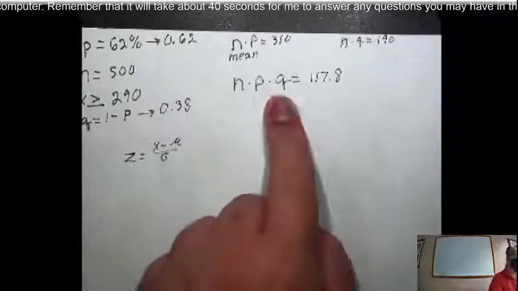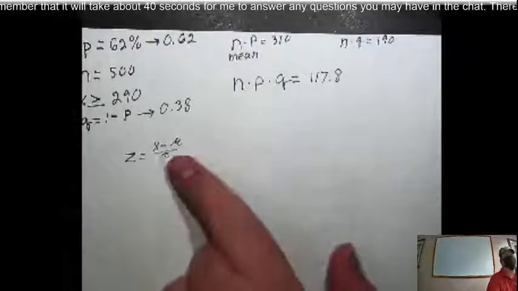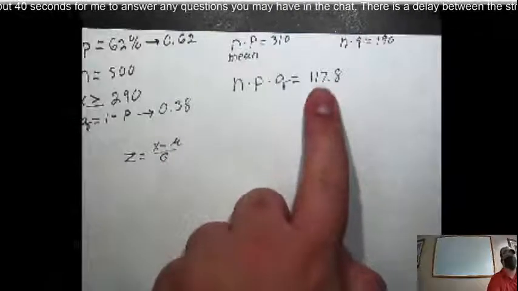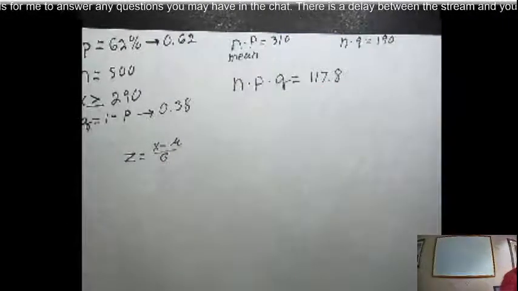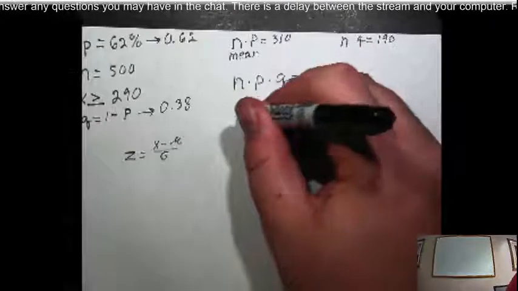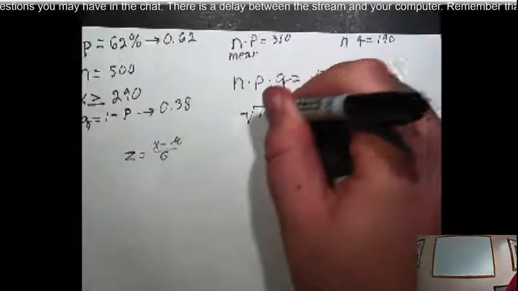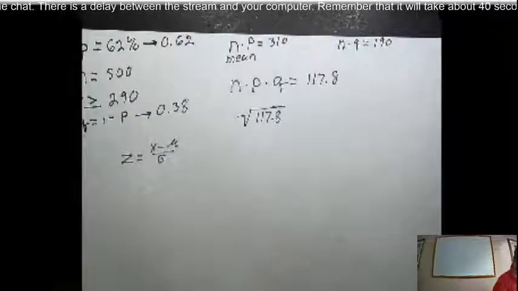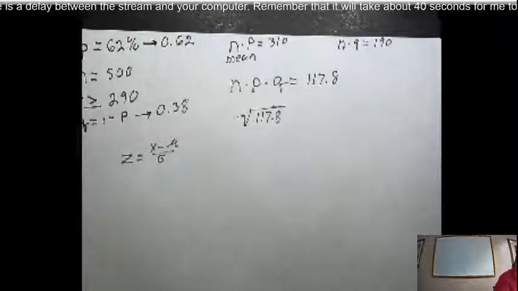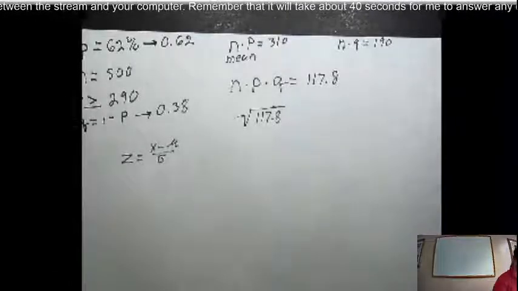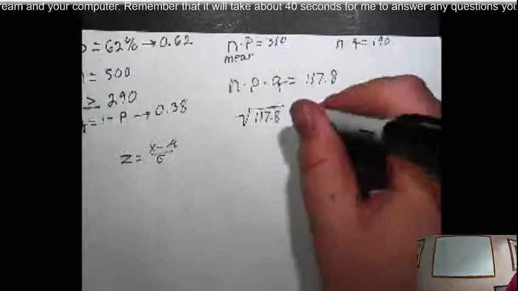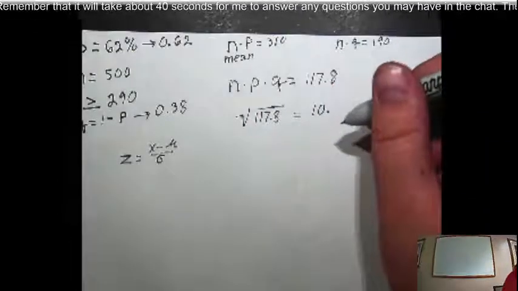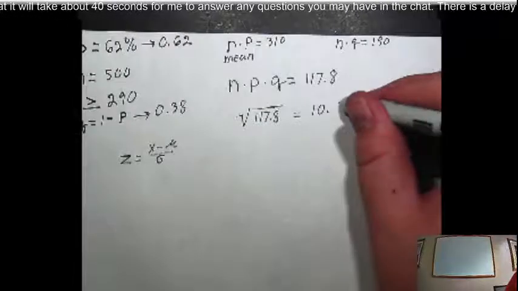But remember, this is variance, not standard deviation. What we have to do to get to standard deviation is take the square root. So I'll take the square root of 117.8, and it gives us a standard deviation of 10.8536.